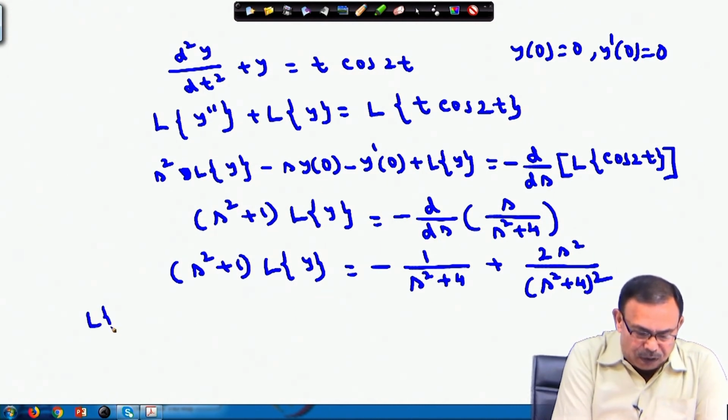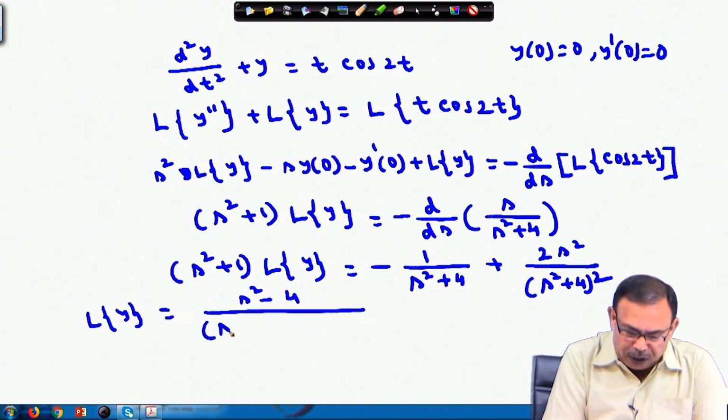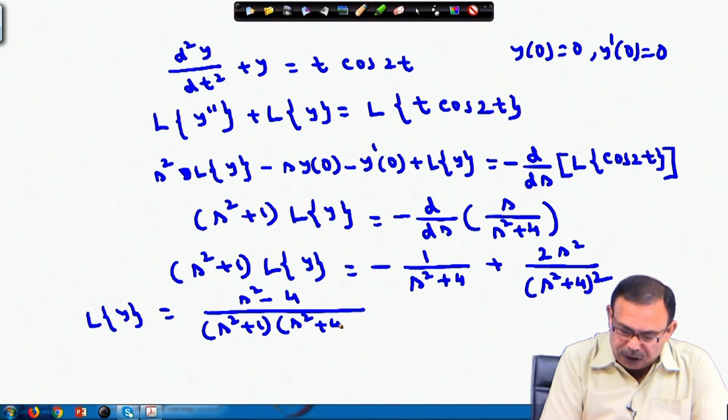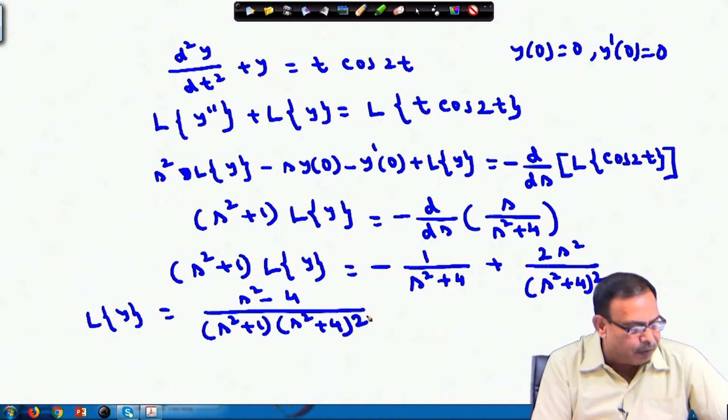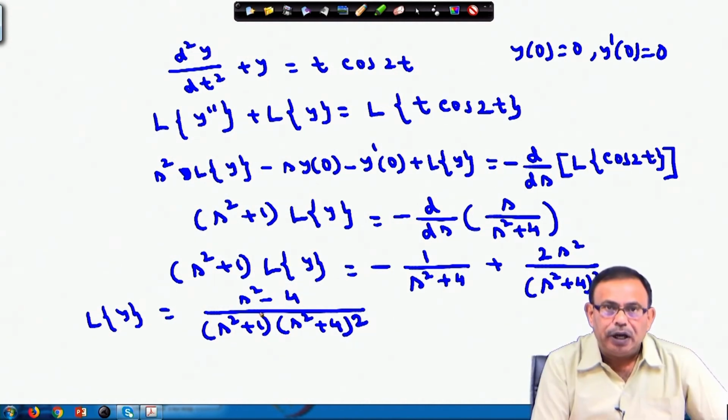Laplace transform of y equals s square minus 4 by s square plus 1 into s square plus 4 whole square. I am getting this. So, Laplace transform of y you are getting by simple algebraic calculation, you are obtaining s square minus 4 by s square plus 1 into s square plus 4.